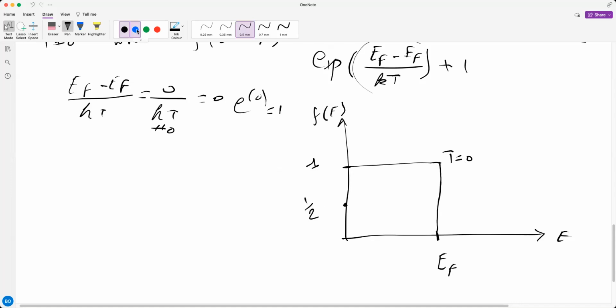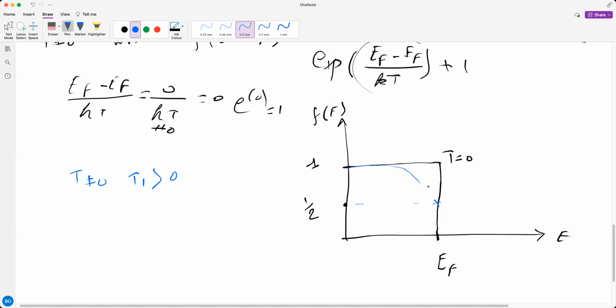Now, whenever the temperature is different than 0, let's say I call it T1, bigger than 0, because the temperature is increasing, more states are losing their electrons, and those electrons go to the upper level. So you have something like that. But you know that all the curves will go through 1/2 at the Fermi level.